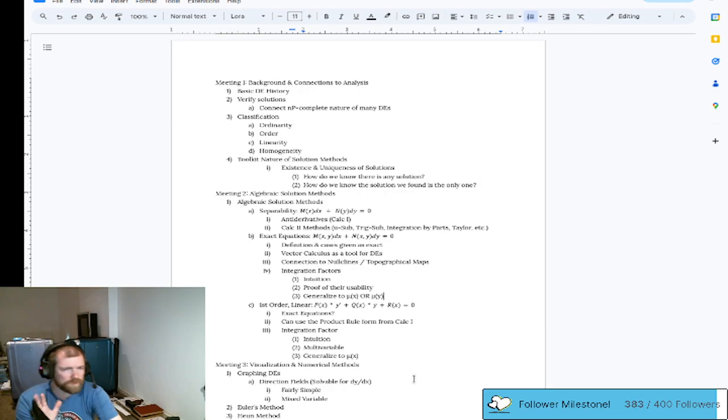So it only needs to be a function of one variable, rather than saying, oh look, it's a multivariable equation, mu of x comma y.